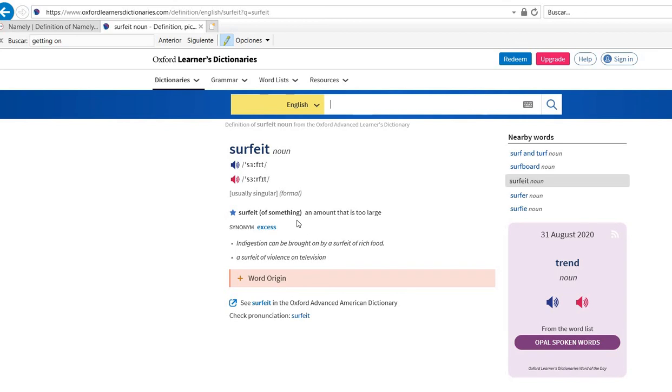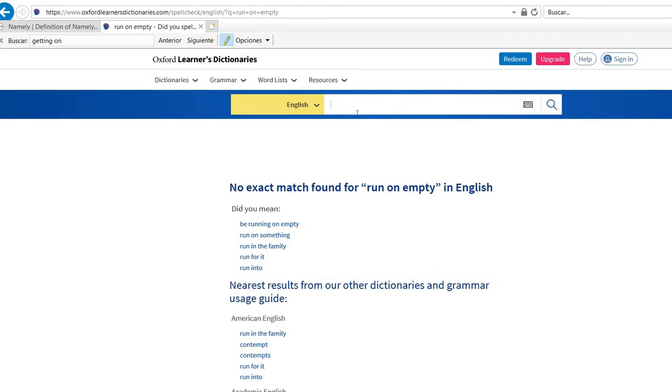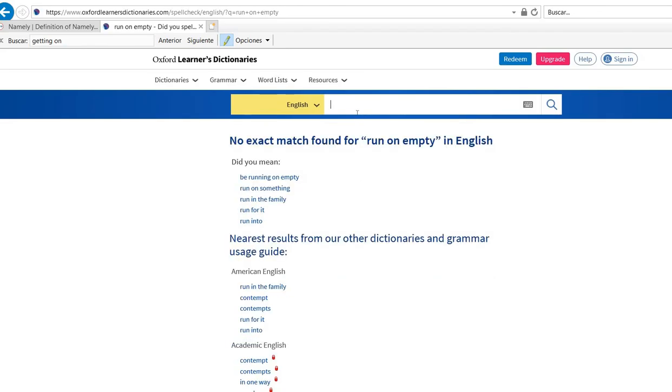Oh no, sorry. The next page, 175, towards the end of activity 1, this is a very nice expression: to run on empty. I'm not sure you're familiar with this one, so that's why I want to share it with you.